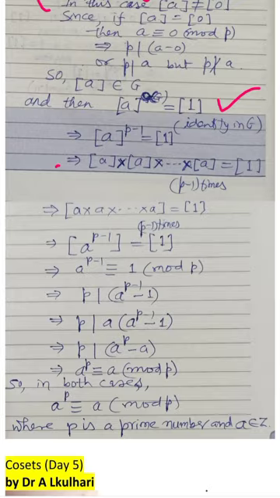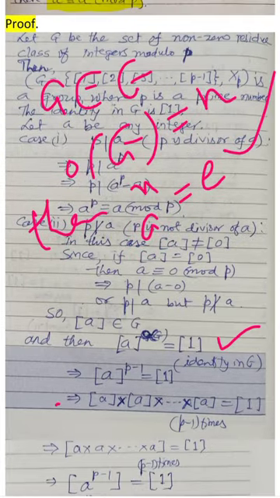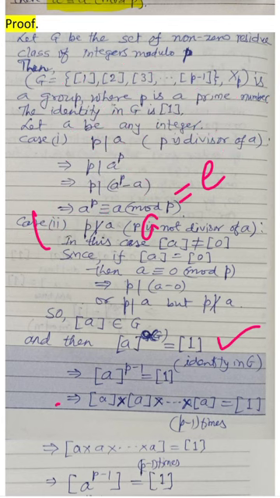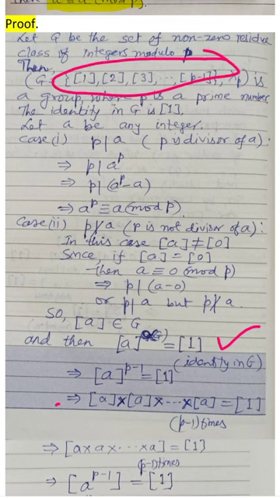but the order of G is P minus 1. Here the order of G is P minus 1, the last member being class P minus 1. 1, 2, 3, up to class P minus 1 means the order of G is P minus 1.